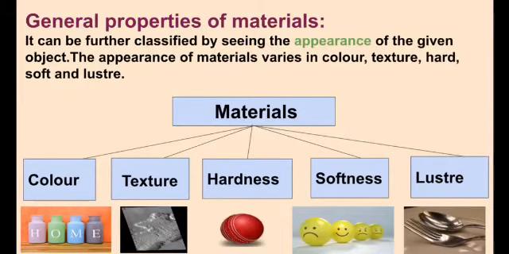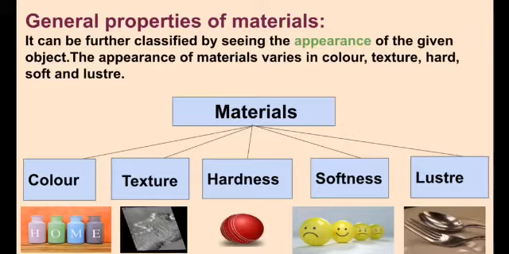Now here are some general properties of material. It can be further classified by seeing the appearance of the given object. Suppose I have given you your toy, your remote control car. After watching the appearance, how it looks, after touching it, after feeling it, you can tell what kind of material is used to make this toy.